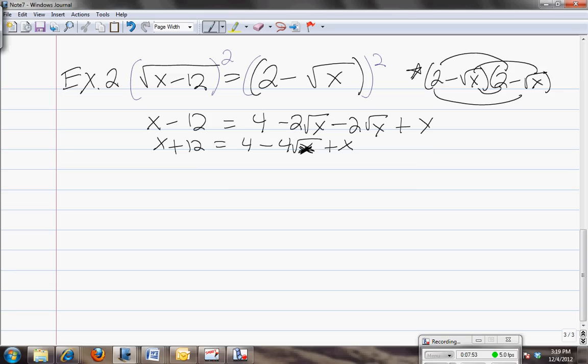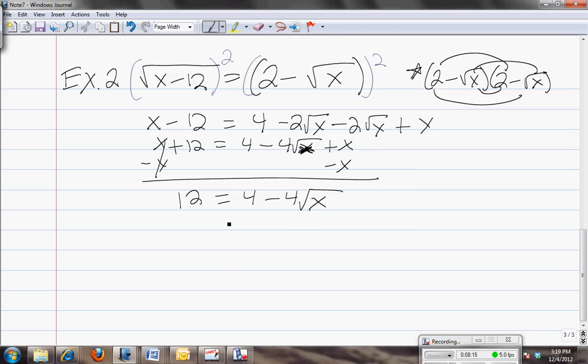Okay, so let's get all of our x's on one side. I'm going to subtract x from both sides. And that goes away. I'm left with 12 is equal to 4 minus 4 radical x. And remember, I'm trying to get x by itself.